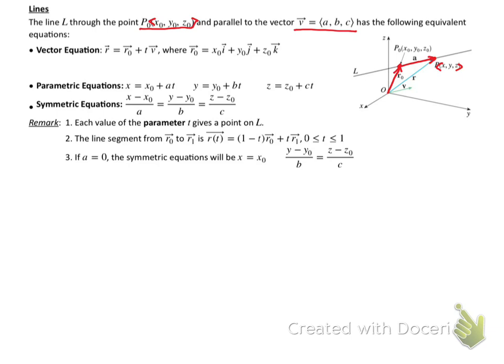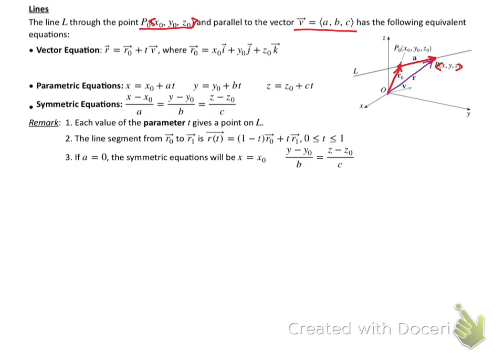You have that triangle rule, right? So when you go along R0, then you go along vector A, it's the same as you go along the vector R, which has the terminal point x, y, z.